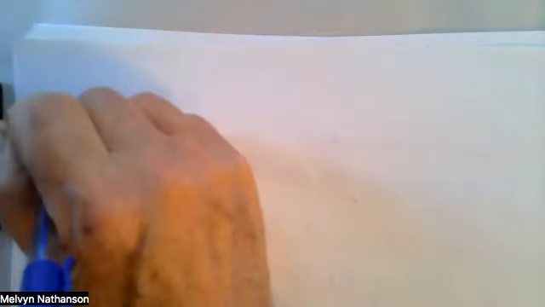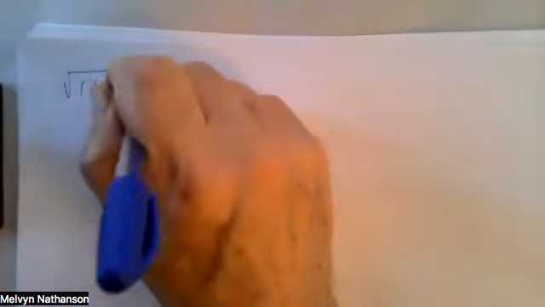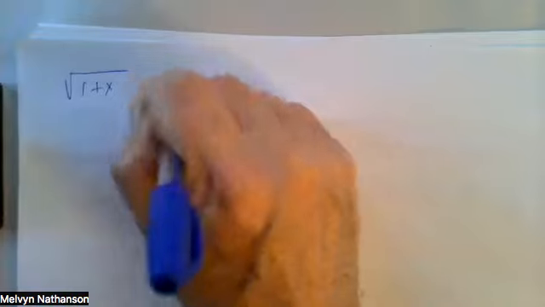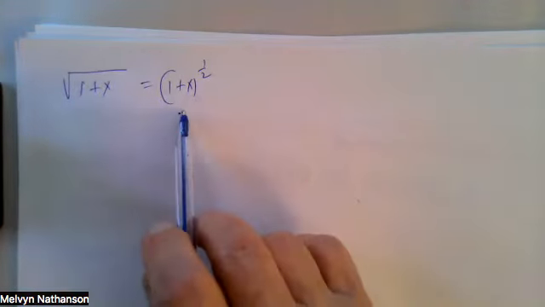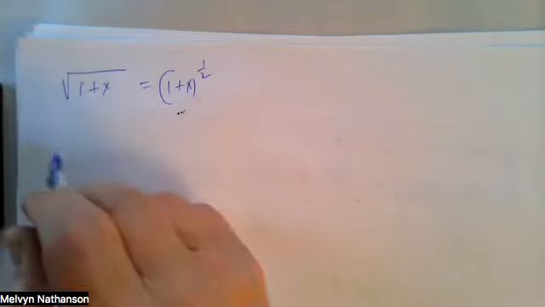So Newton considered things like the square root of 1 plus x. And he thought of this as 1 plus x to the power 1/2. So this is also a binomial, but the exponent is not a positive integer, it's a fraction.